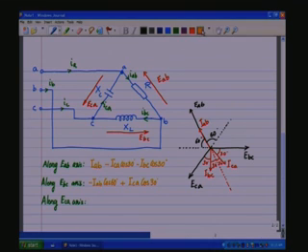IAB cos 60 is on the negative part of the axis, so we say it is minus IAB cos 60 plus IBC cos 30. So, these are the projections of the various currents on all three axes.